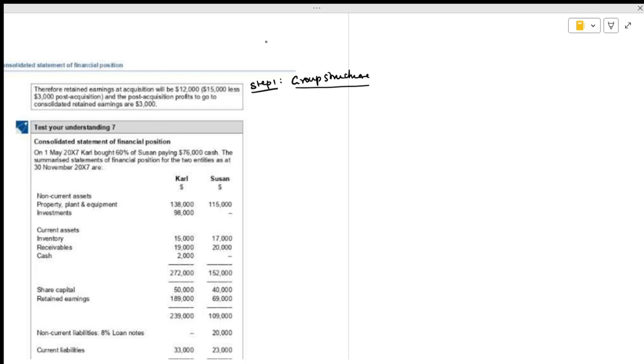Group structure. How much have they bought? They bought 60% on 1st May. The summarized financial statements of the two entities are as of 30th November. From 1st May: May, June, July, August, September, October, November. How many months are there? 7 months.